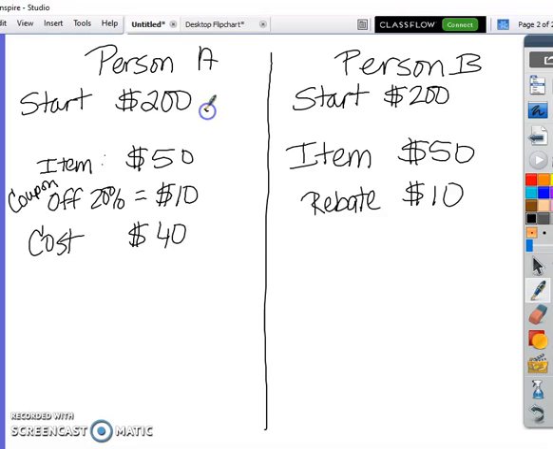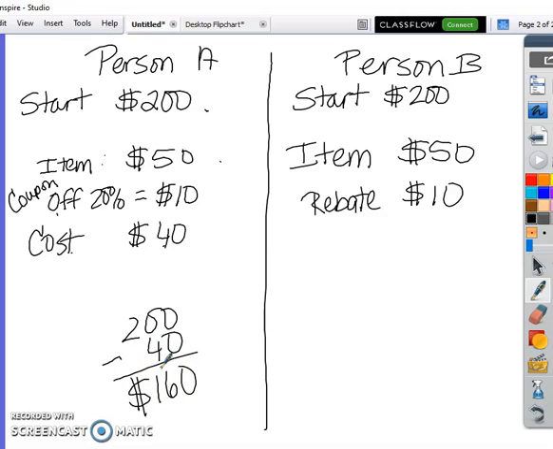They go to the store. They want to buy something for $50. There's a coupon for 20% off. I already did the math, which means it's $10 off, which means the cost to me is $40. 50 take away 10, $40. Okay? So in the end, now I have $160, correct?